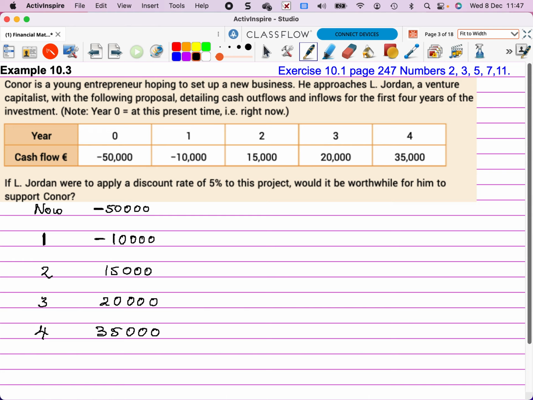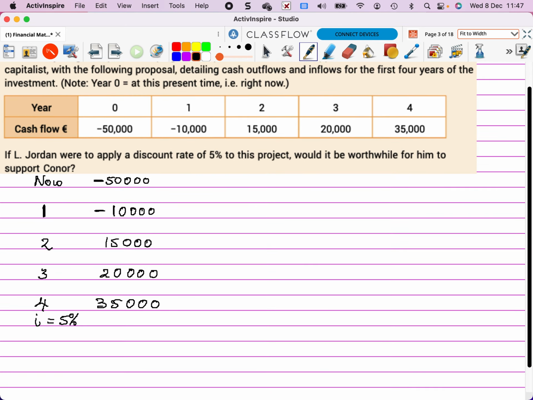So down the bottom, I'm now going to write down, well, what's the interest rate over this time period? Well, it's 5%. And if the interest rate over this time period is 5%, I need to write that as a decimal, so it's 0.05. I know that the present value formula uses 1 plus i within its formula, so it's going to be 1.05.